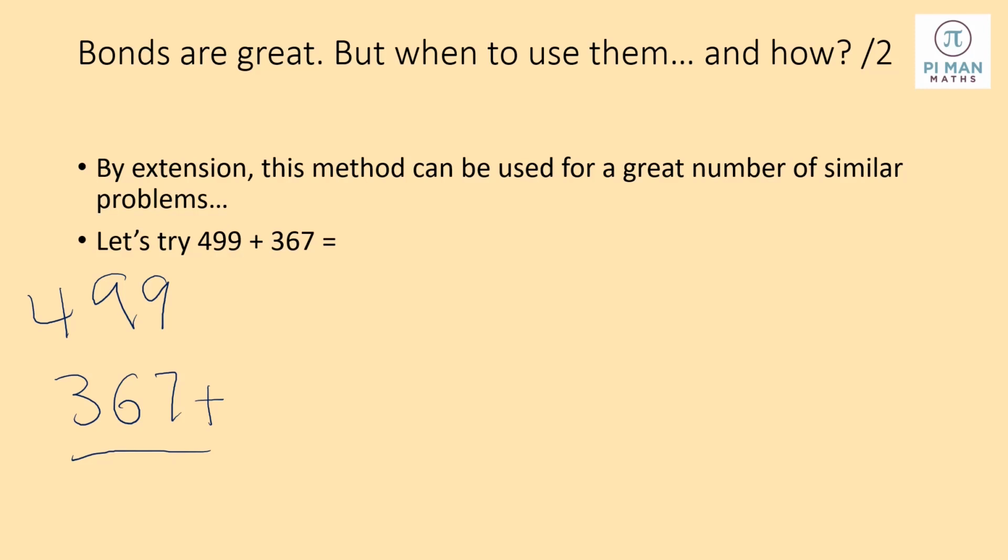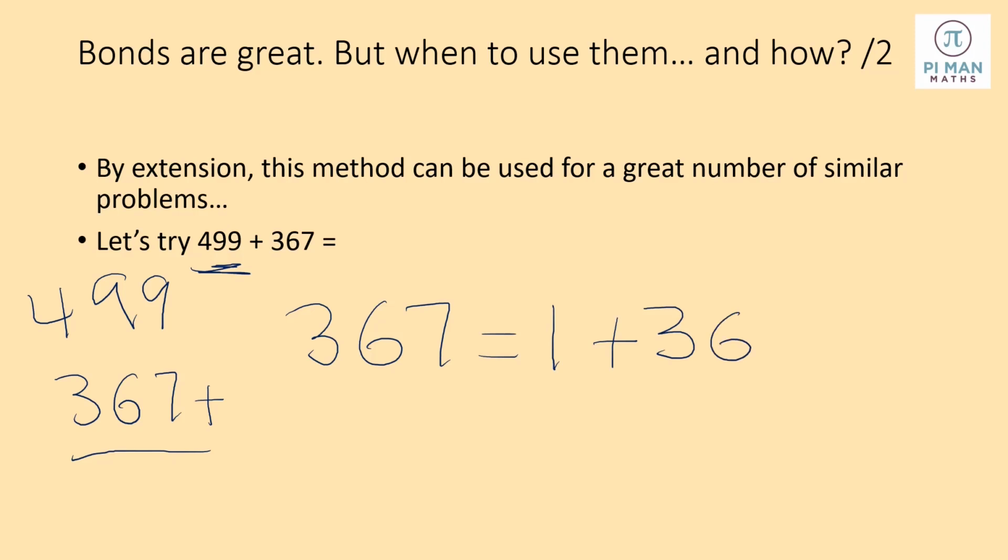Look at 499. 499 here is very, very nearly 500. What do you need to add to 499 to get to 500? Well, it's 1, isn't it? So split the 367. 367 equals 1 plus, obviously it's 366, because you've spent time now and you know that the number that comes immediately before 367 is 366.